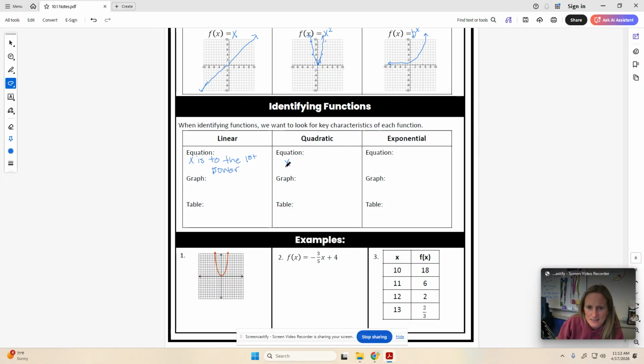So anytime x is squared. Or if it were in factored form and you were to multiply it out and simplify it, it ended up having a highest exponent of 2. Exponential functions are pretty easy to spot because the x is always in the exponent.